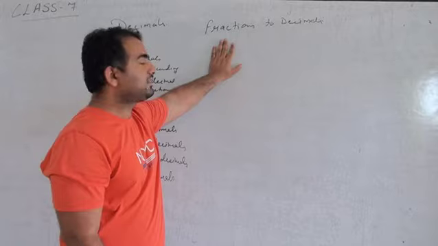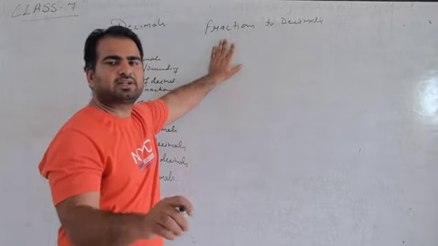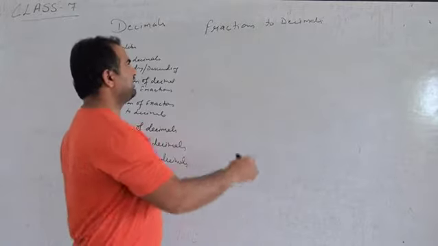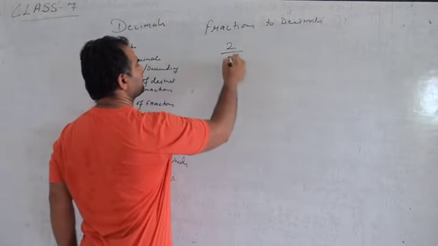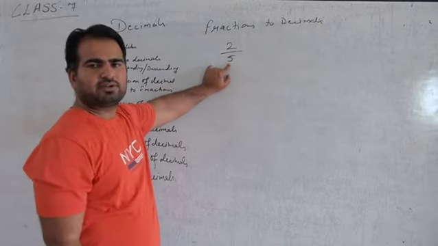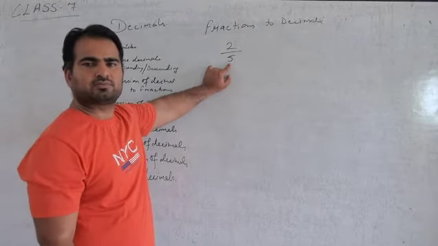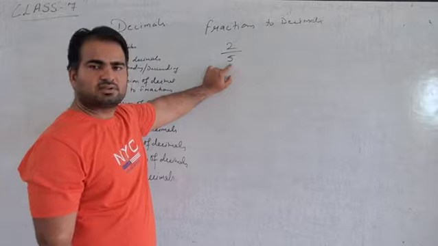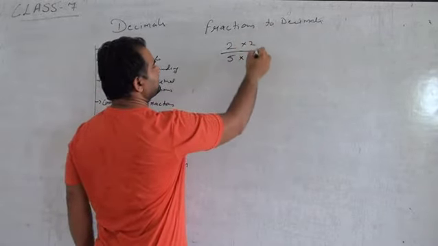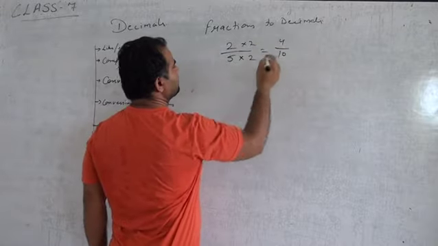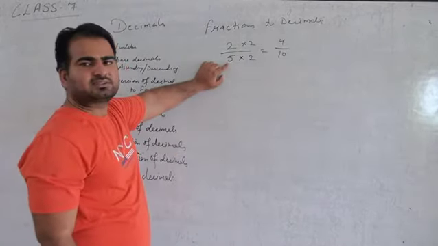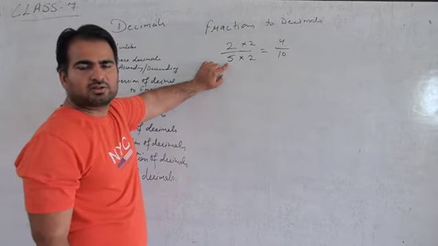They will give a denominator that you can convert into 10, 100, 1000, 10,000, or lakh, or 10 lakh. Like I have given you 2 by 5. Can you convert this 5 into 10 or 100 or 1000? Yes or no? Yes? Okay, by what? We can multiply it by 2, and the numerator by 2. It will be 4 upon 10.